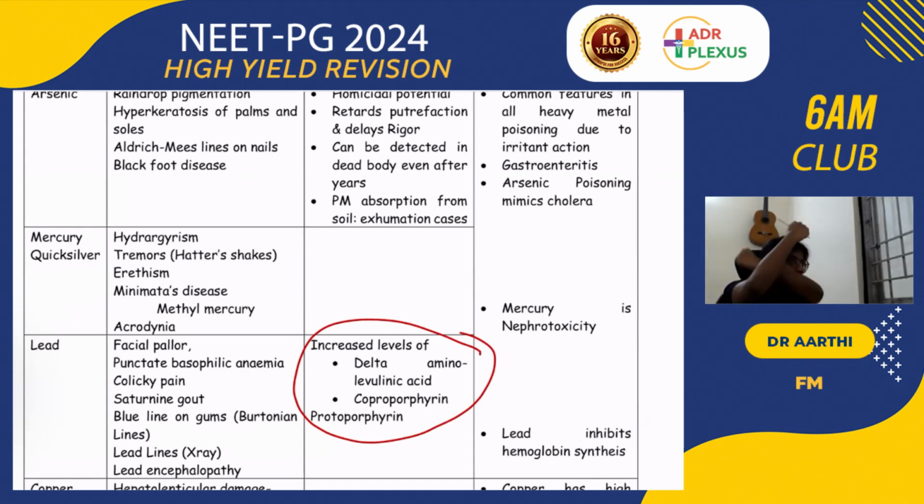You might get an abrasion, contusion, laceration, incise wound. We indeed have seen cases where people get chop wounds. The guy tries to chop, the girl holds her hands like this, they get chopped in their hand. So it can be any type of injury. Coming back to lead, increased level of delta aminolevulinic acid and porphyrin is seen in lead poisoning.